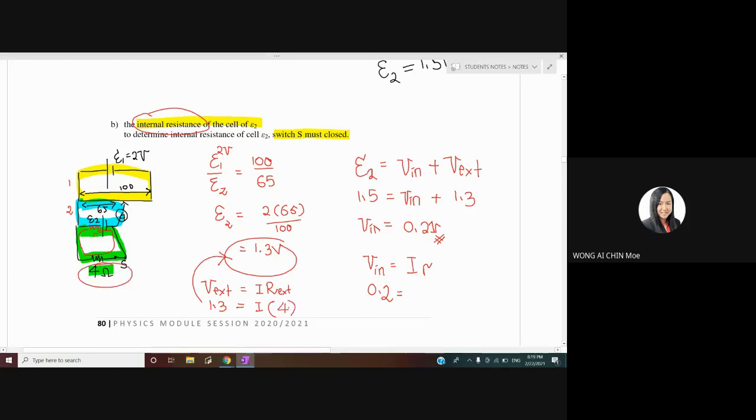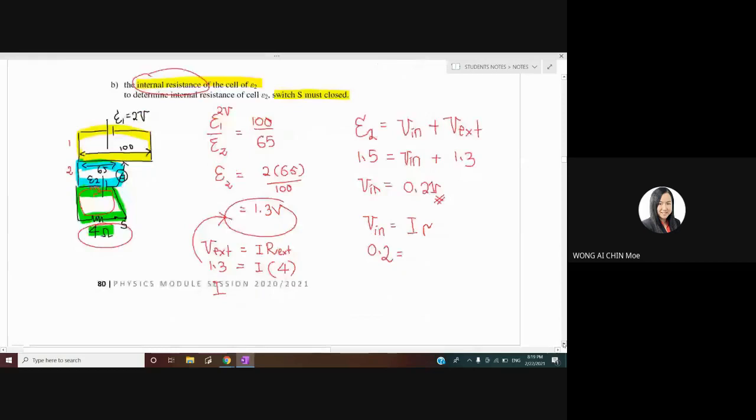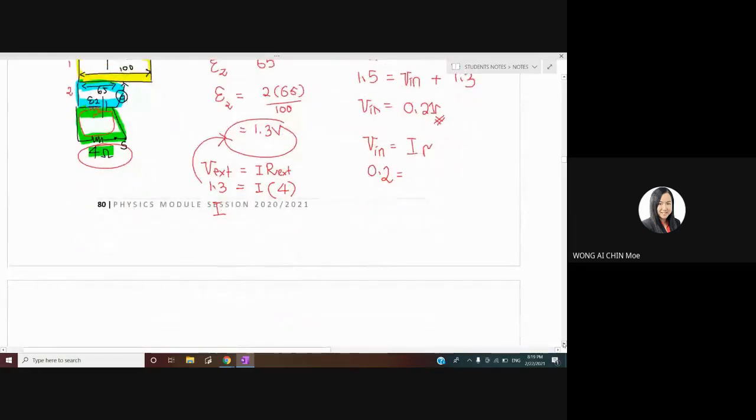So we find out the current I. Press the calculator: I is equal to 0.325. We substitute it in here, because it's connected in series, so of course the current will be the same.